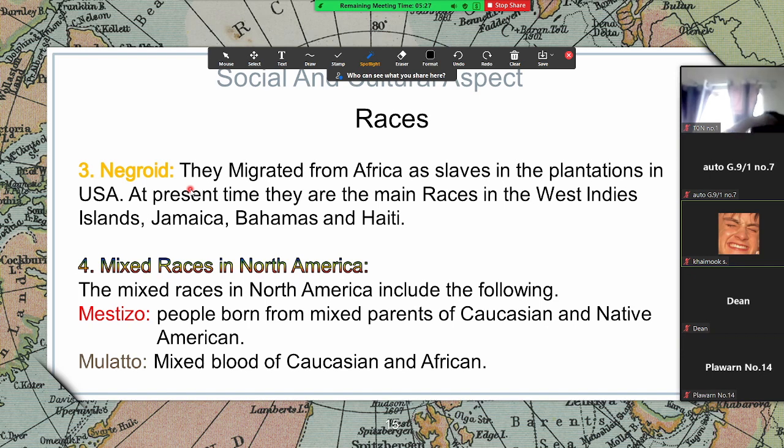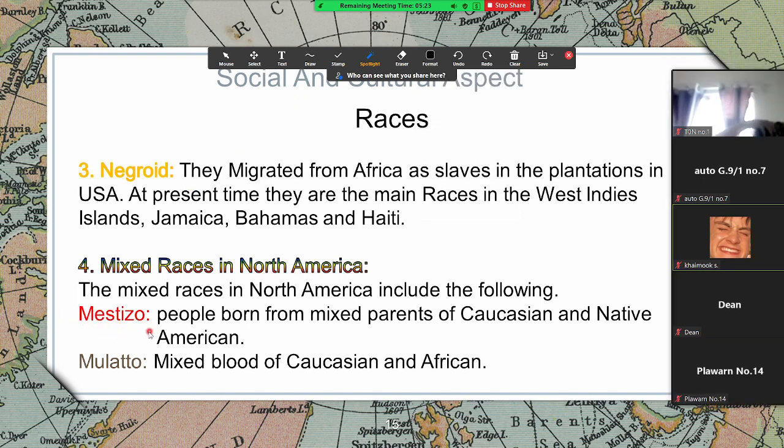Mestizo: they are the people born from mixed parents, Caucasian and Native American, a combination of number 1 and number 2, Mongoloid and Caucasoid. They call these people mestizo.